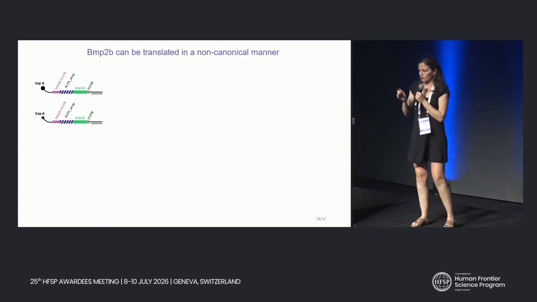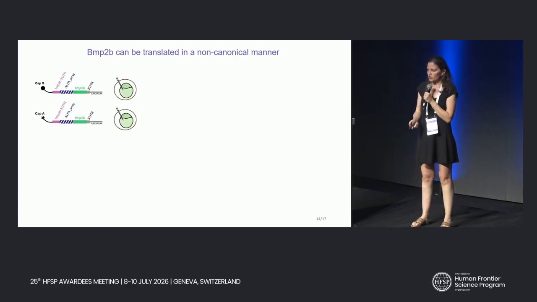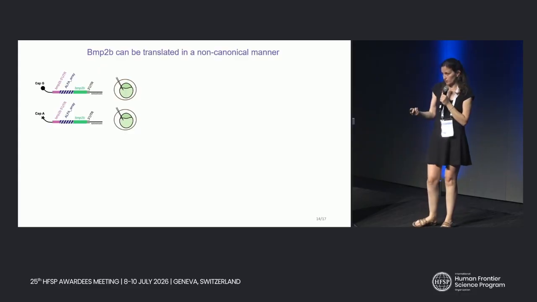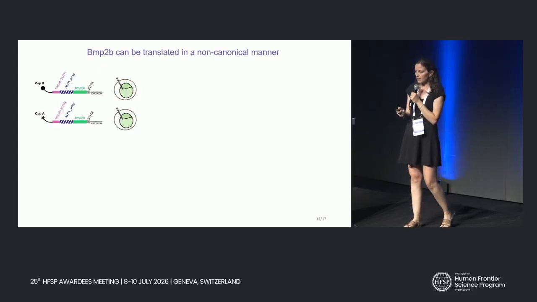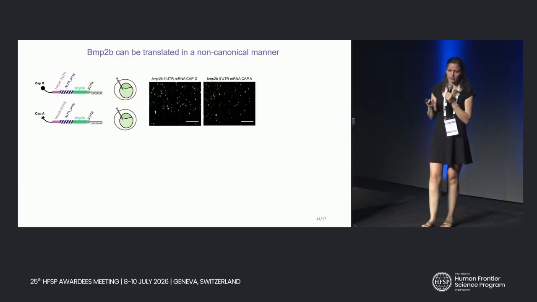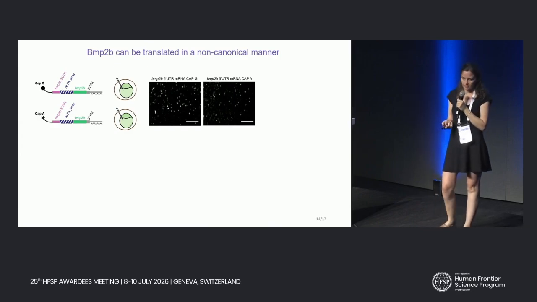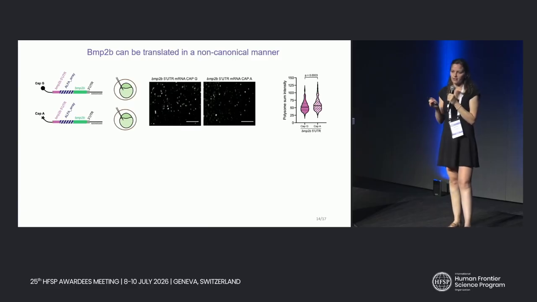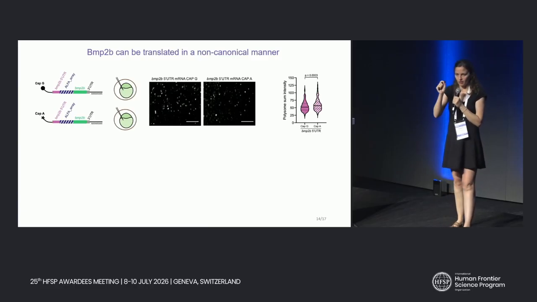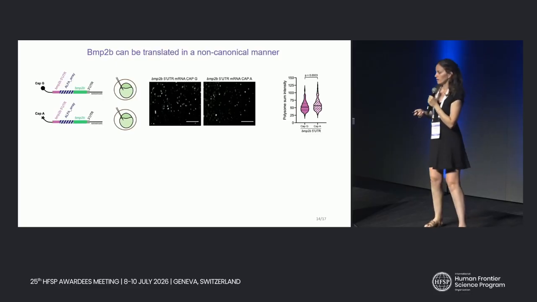We in vitro transcribed these two mRNAs and injected them in embryos expressing the nanobody alpha, and then, to our surprise, we saw that BMP2B, even without a functional cap, can still translate. And actually, it can translate at the same efficiency: we saw fewer dots, but the single mRNA molecules were able to translate at the same rate.